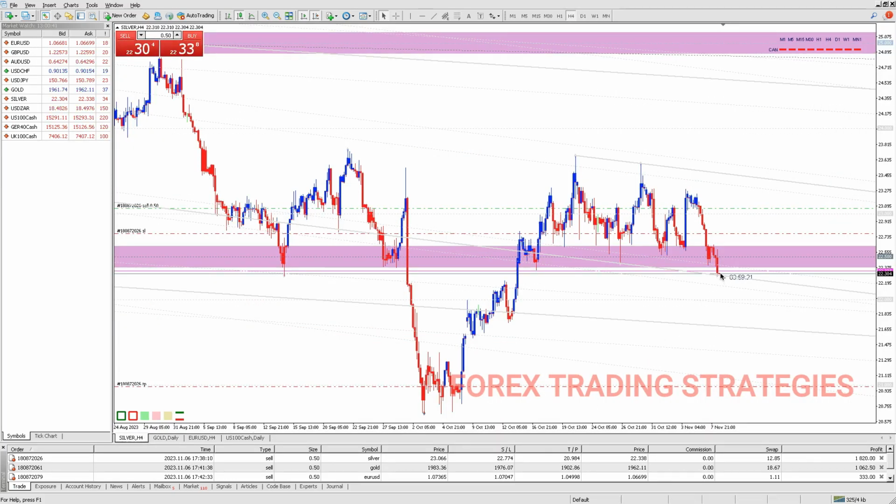Let's see if silver is going to bounce from here, because I have a channel that's going on here. Let's see if silver wants to do this, or if it wants to come down and test this level, $22, and maybe around this level as well. But we'll see.